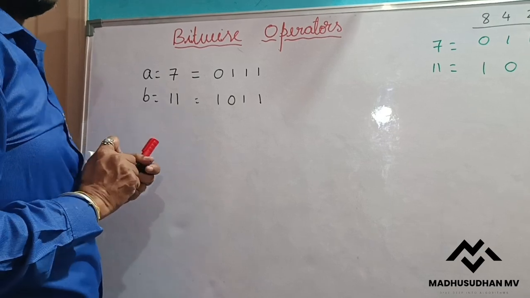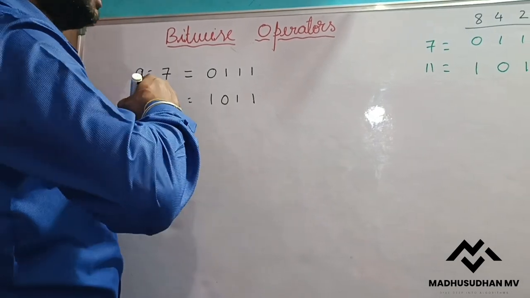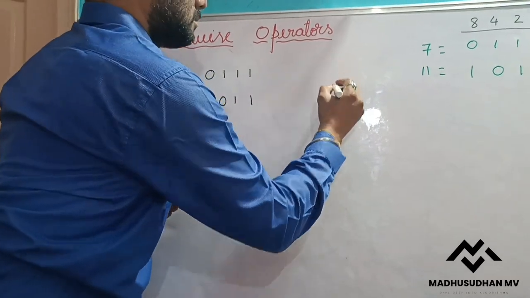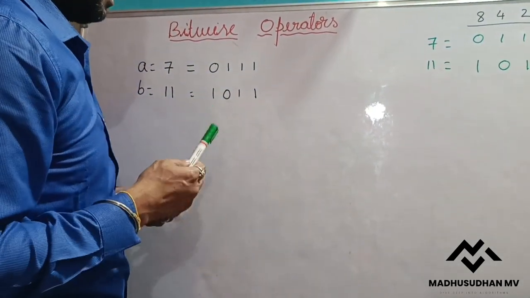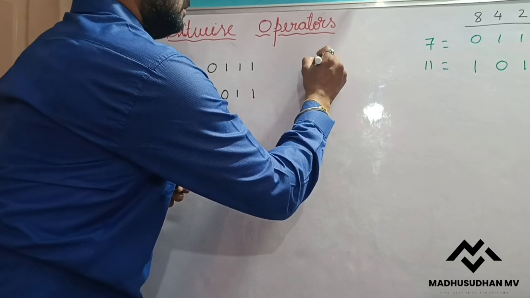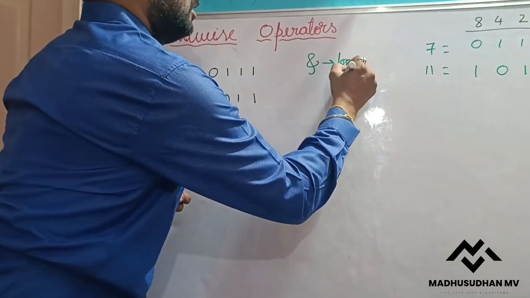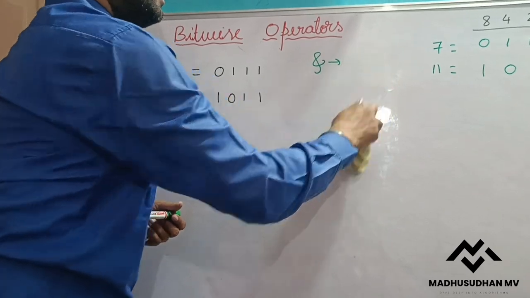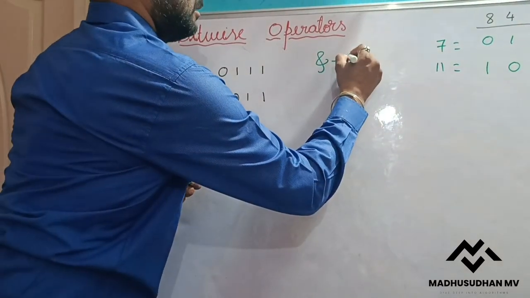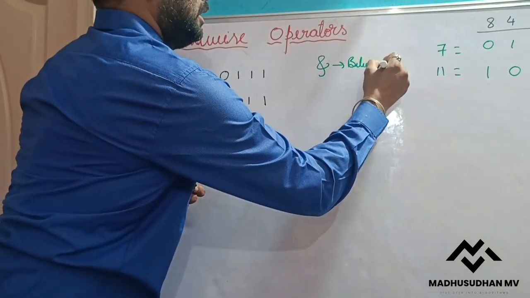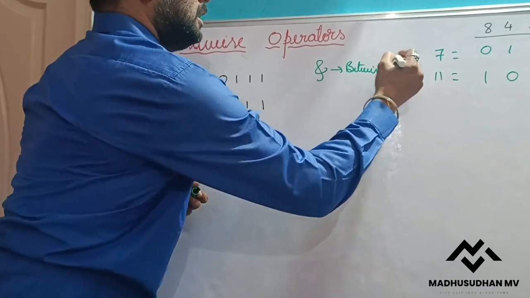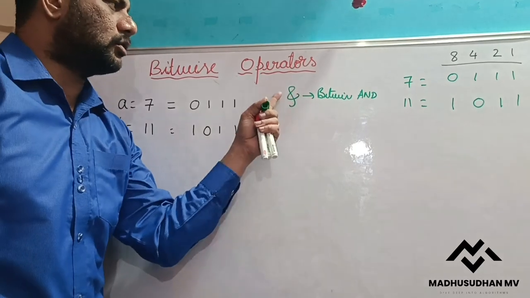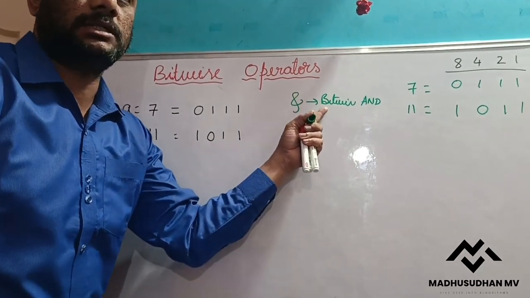Which are the bitwise operators? Bitwise operators are: logical AND, no, this is called not logical. We are discussing bitwise. So you should read it as bitwise AND. See, the difference: for logical AND we use double ampersand. Here it is single. If you use single, it is bitwise AND.